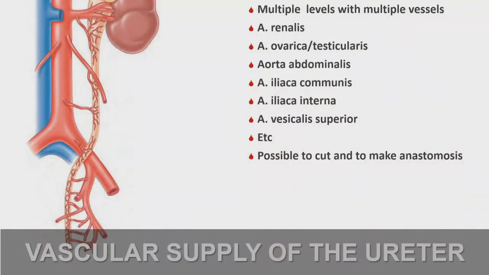The ureter has a very interesting blood supply, and in comparison to the kidney, it has several levels which are anastomosing.